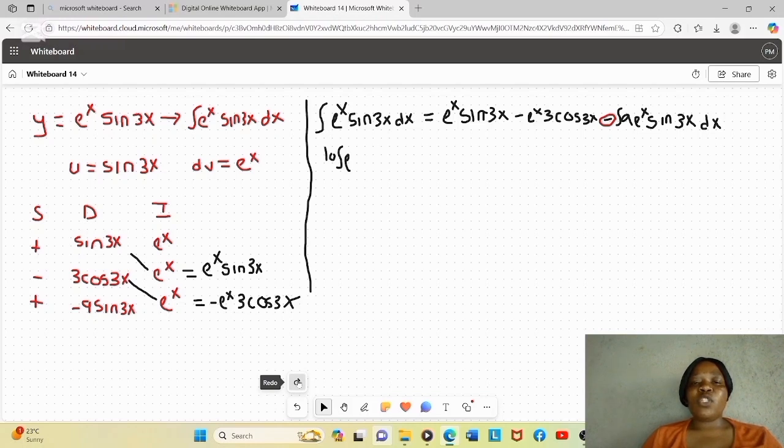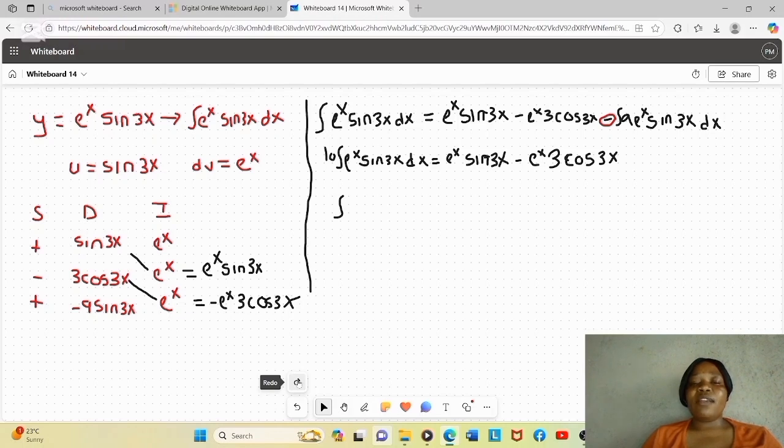The integral of e to the power x sine 3x dx will be equal to e to the power x sine 3x minus e to the power x times 3 cos 3x. Then from here we divide both sides by 10.